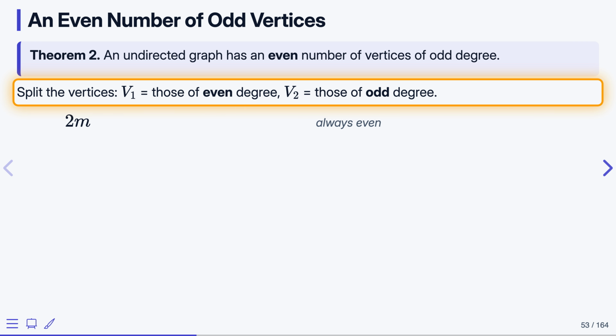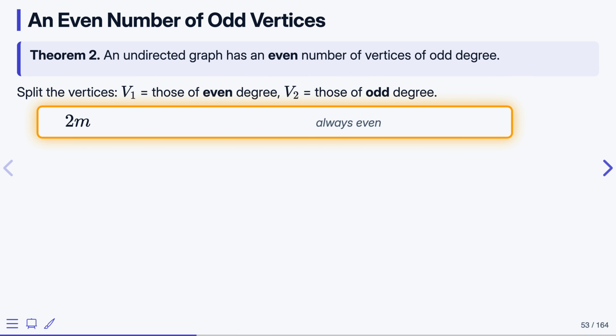Another rule about degrees. It says the number of odd degree vertices is always even. Let's prove it. First, split the vertices into 2 groups. Group V1 holds the vertices of even degree. Group V2 holds the vertices of odd degree. Line 1. Start from 2m. Whatever m is, 2m is even.